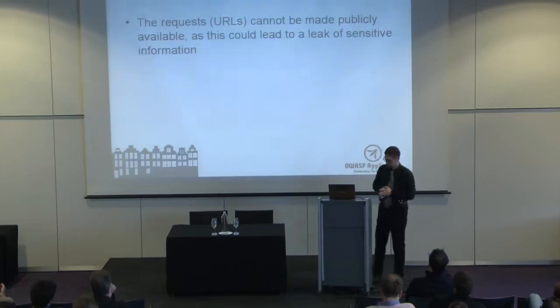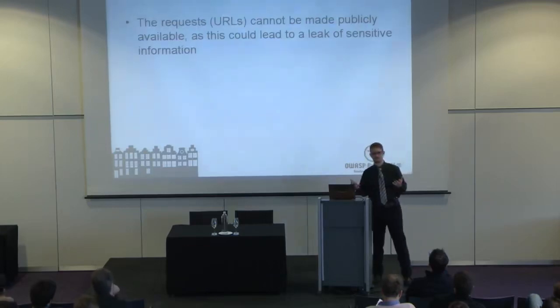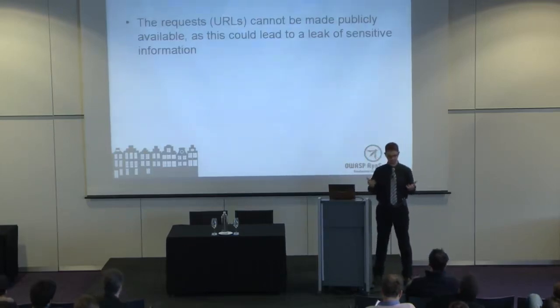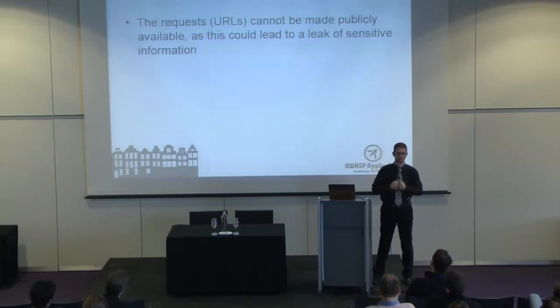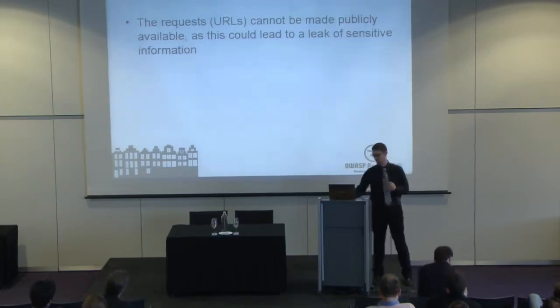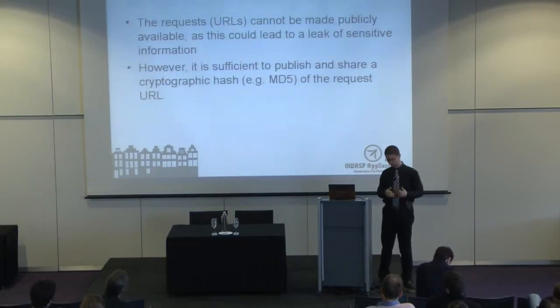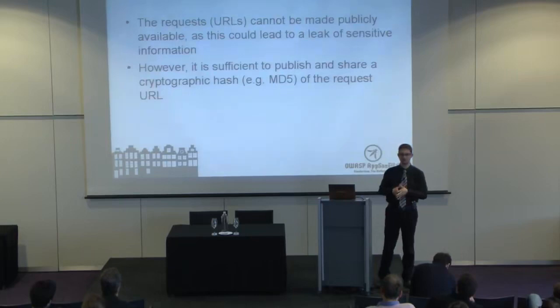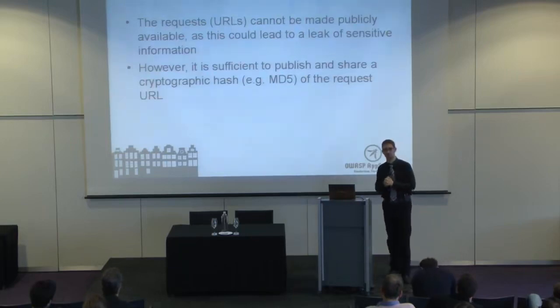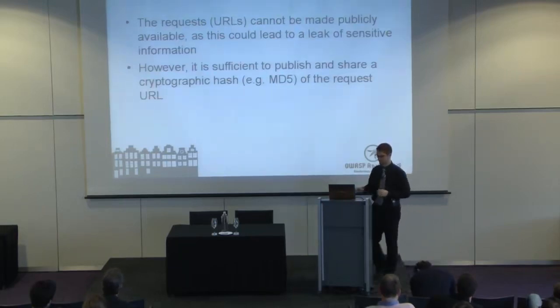But because the servers just need to confirm their findings, so they find out that the URL is suspicious and would like to confirm that another server received the same request, it is enough to use a hash of a URL, because then you have a one-way encryption, and you cannot decrypt the original URL from it, but you can compare it with your own URL and check if it is the same.